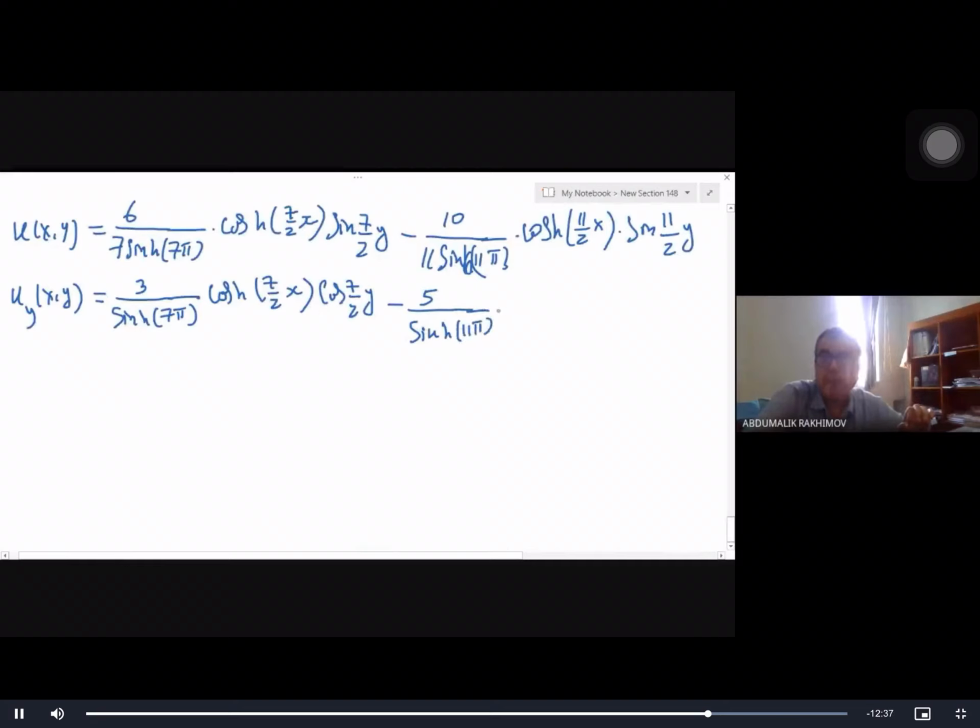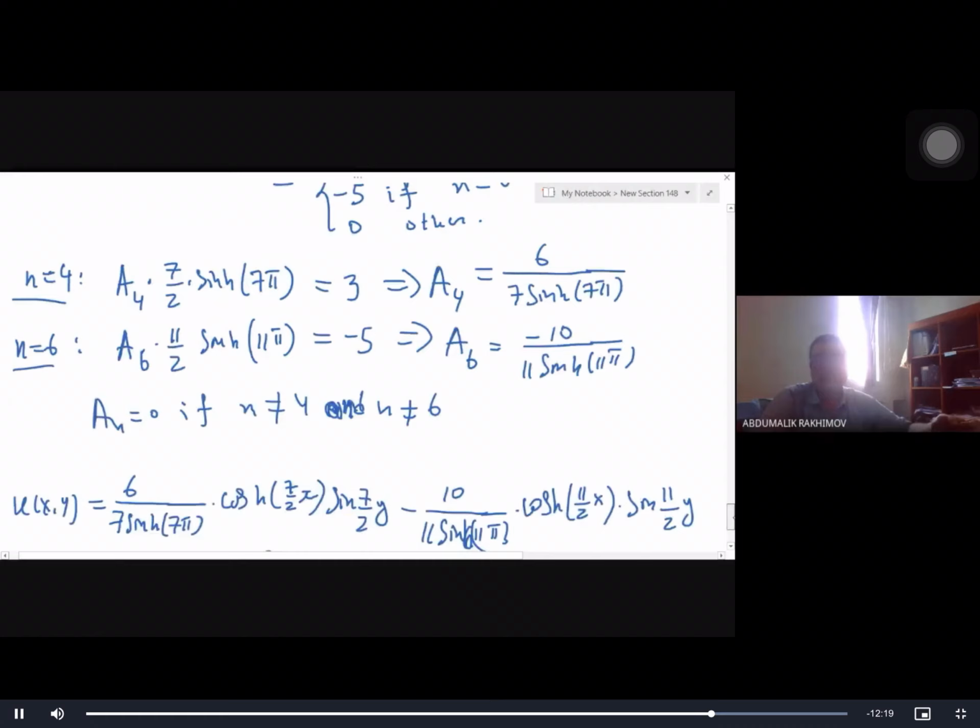I forgot the h here, hyperbolic. Then I have cosine hyperbolic 11/2 x, right? Then this sine became cosine after the derivative.